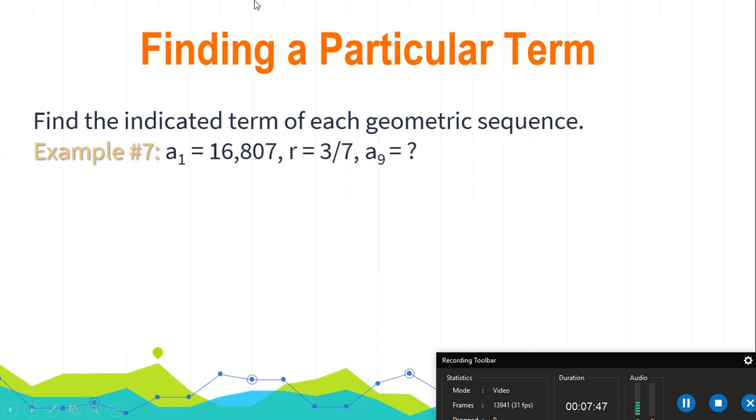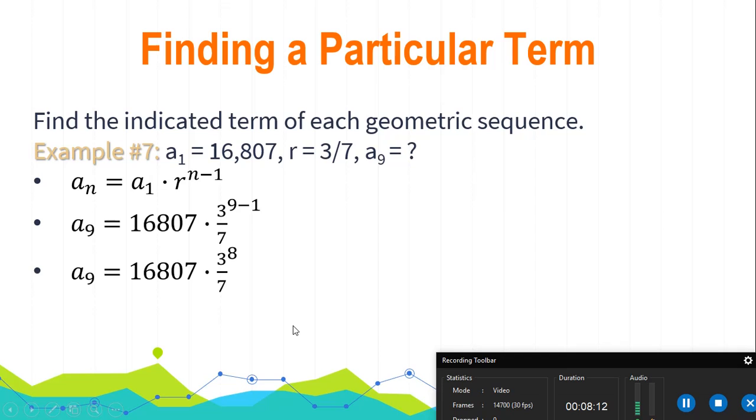For number 7, we're going to find the 9th term. So I'm going to start with the formula. We're going to sub in the pieces that we know. So I'm looking for a sub 9, which is the 9th term. A sub 1 is quite large. My common ratio is actually a decay, and then it's 9 minus 1 for the power.